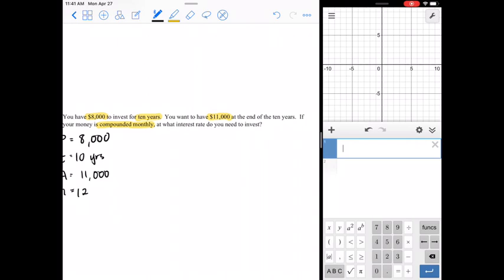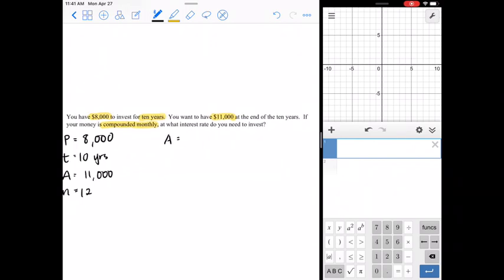The formula that we're going to use is the one that is not about continuous compounding, but one where we have a specific N. So it's A equals P times 1 plus R over N raised to the NT.